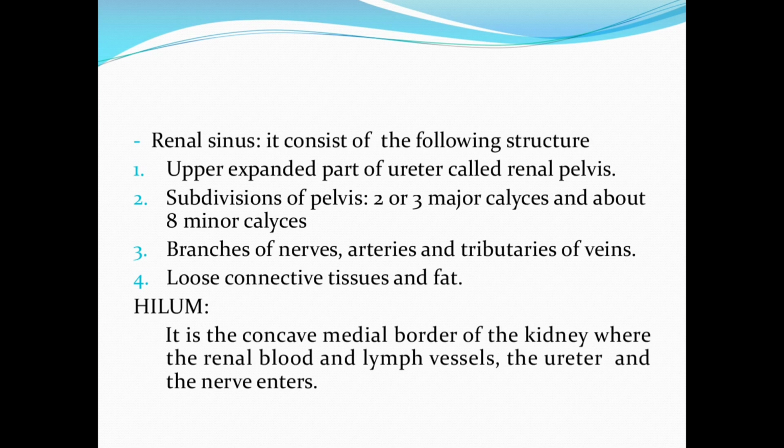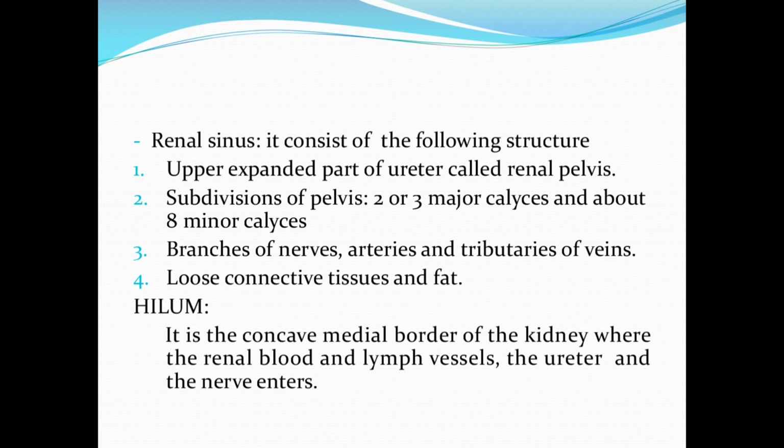Moving on to the renal sinus. It has an upper extended part of the ureter called the renal pelvis, and the subdivisions of the pelvis, 2 to 3 major calyces and about 8 minor calyces. That is, a group of 5 to 8 minor calyces forms 2 to 3 major calyces.